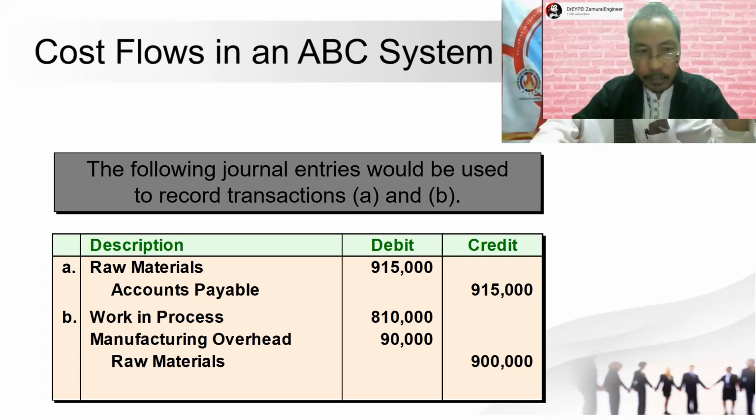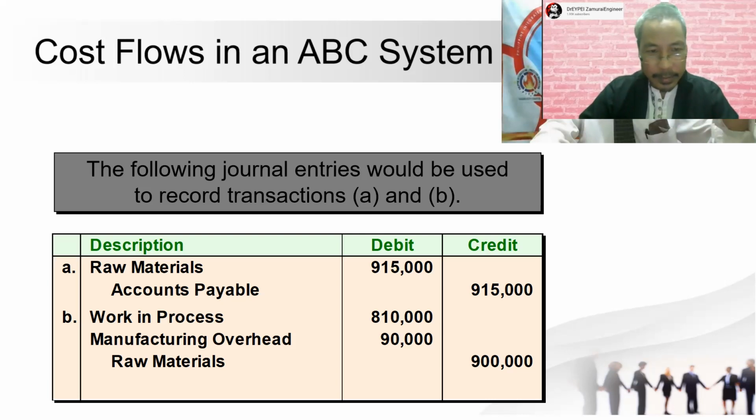Out of the raw materials in the stock room, in our stock area, 810 of those materials are being processed. They are called work in process. They are not yet finished. They are currently being worked on by the staff, by the engineers, by the technicians, by the workers.